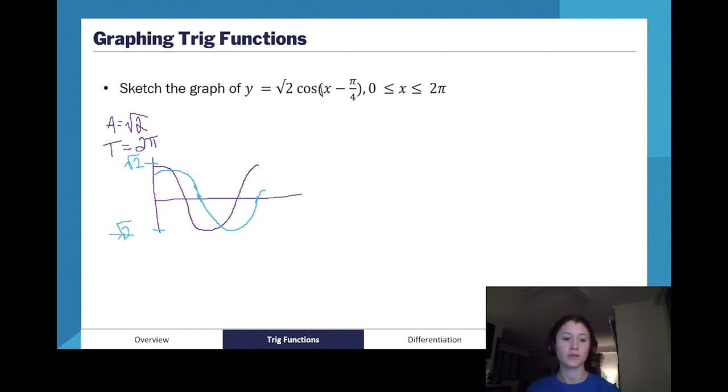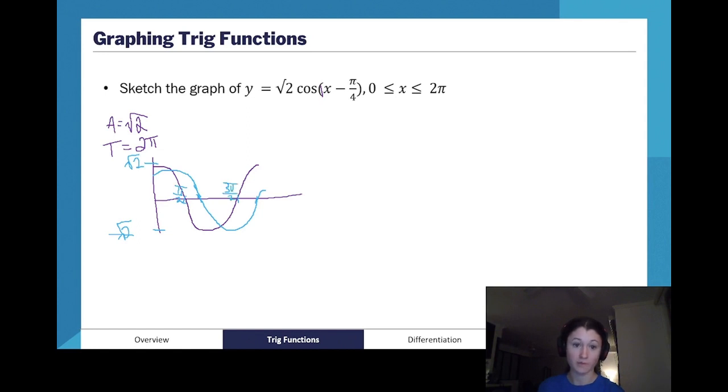So typically, y equals cos x has a value of 0 when our angle is pi on 2, and then 3 pi on 2.